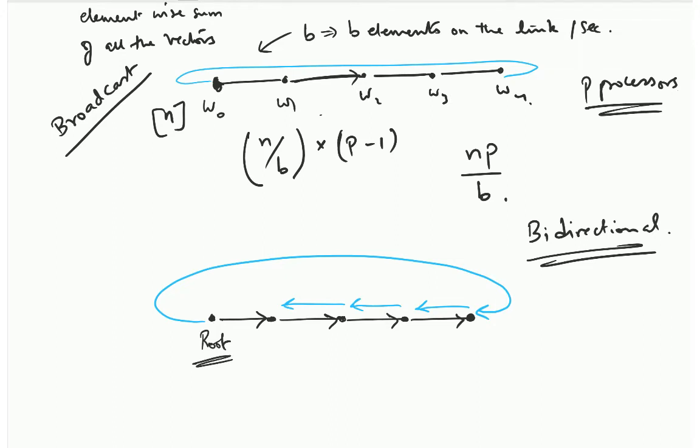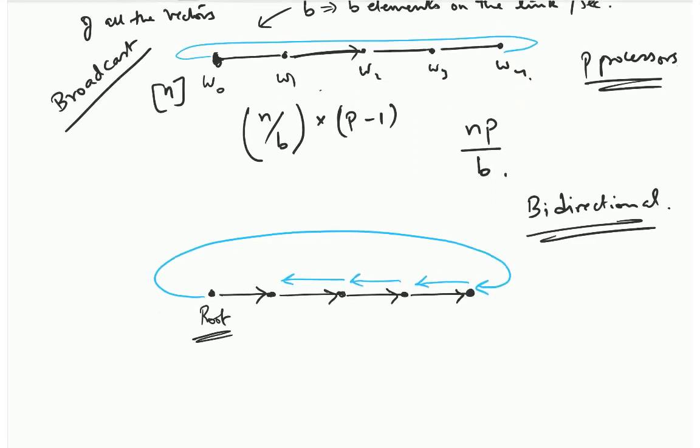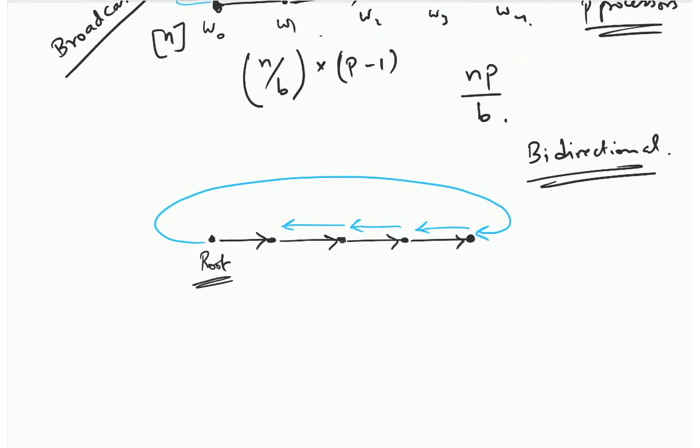Clear? So how long is it going to take? Roughly half the time. Your data is now n by 2 in the right direction and n by 2 in the left direction, but that's happening in parallel. So n by 2b times p minus 1, approximately np by 2b.